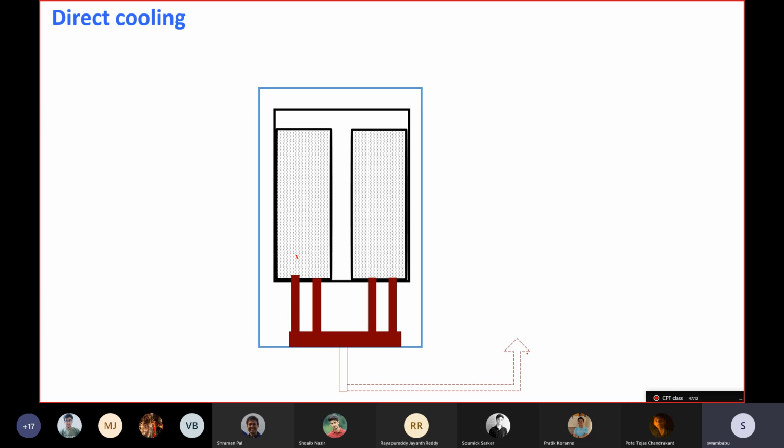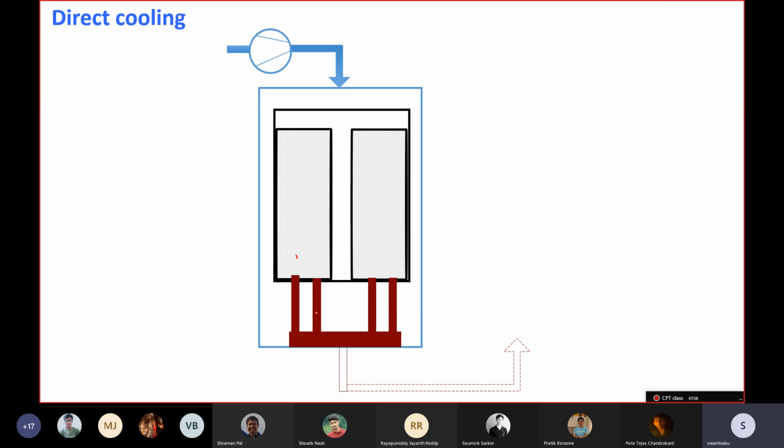So this is the whole packed bed reactor. It has two small beds, and we also have the heat integration step. In the heat integration step, the product's heat is being utilized to raise the temperature of the feed.